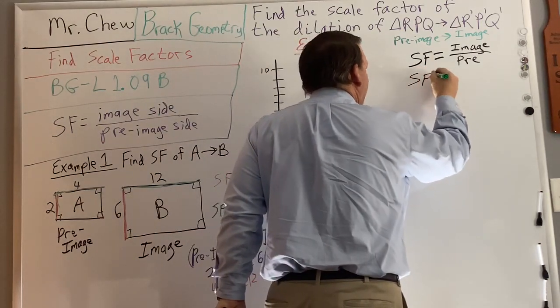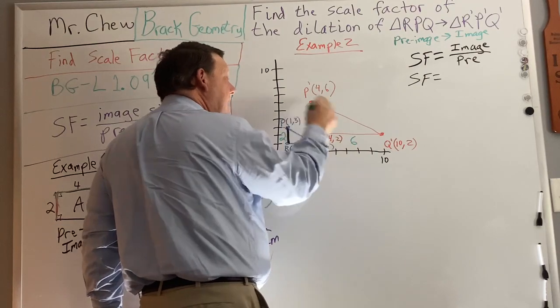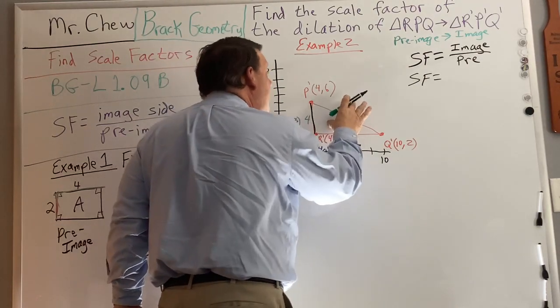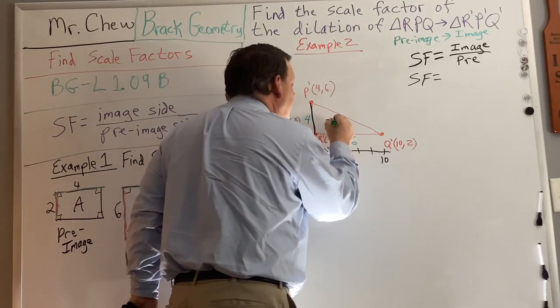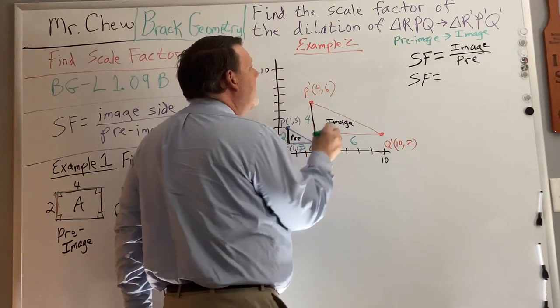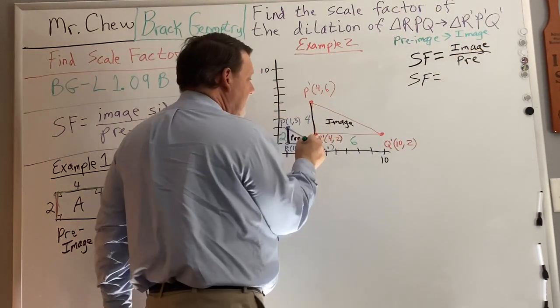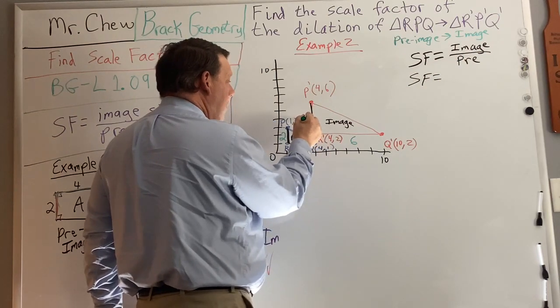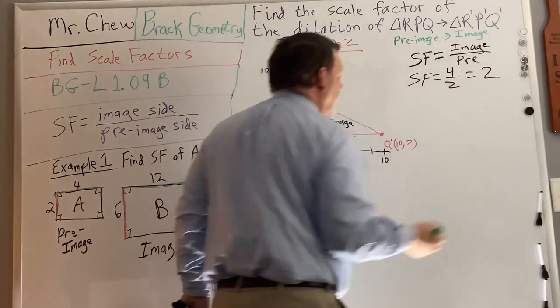So the scale factor would be the image's length. Well, which is the image? The image is the one that will always be the prime. Here's my image, and here's my pre-image. So it's going to be 4 over 2, which equals 2.